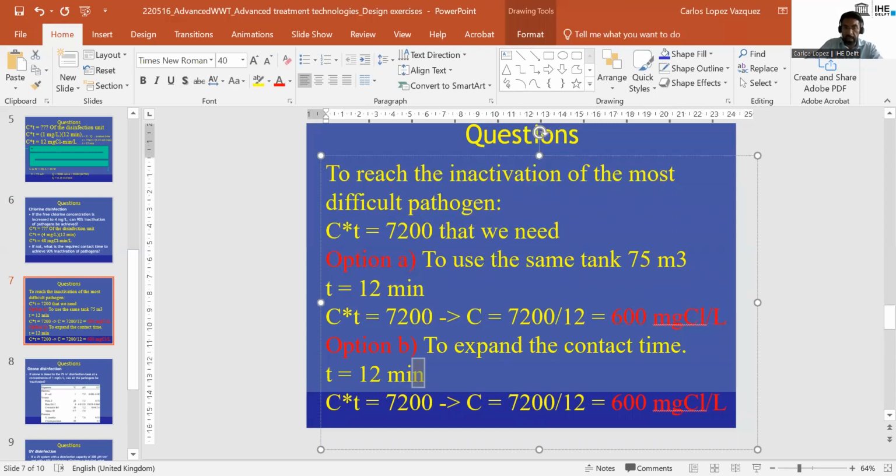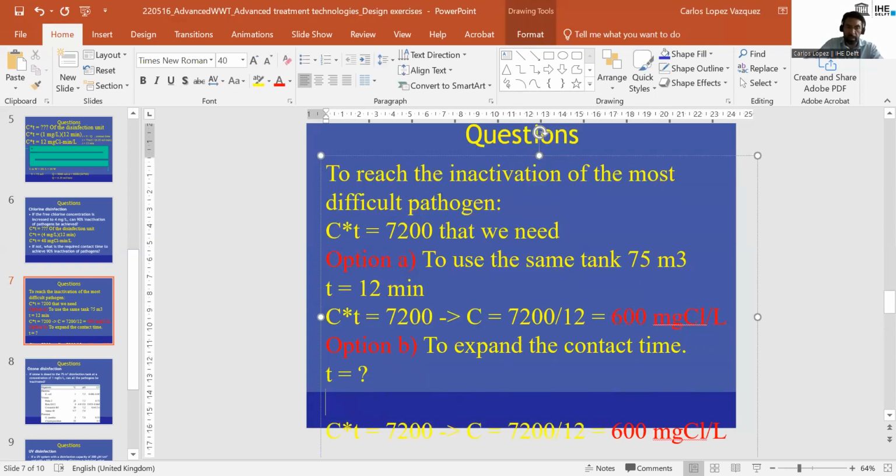So I now will calculate what is the time that I need. I fix the concentration. For example, I can consider a concentration of 4 milligrams per liter times the T that I need, and this has to be equal to 7,200.